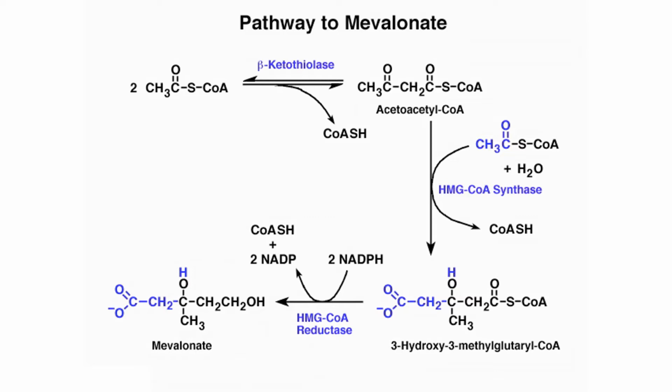Finally, we're going to have the thioester carbonyl reduced to an alcohol, and for this we need 2 NADPH because this is a 4-electron reduction, and we're also going to see the release of the CoA molecule.